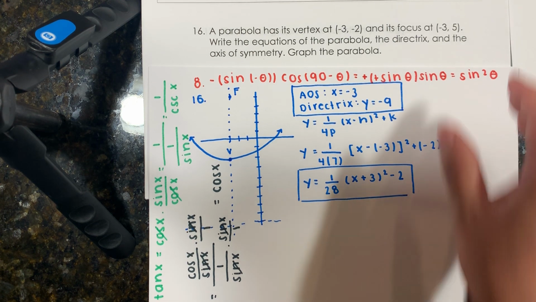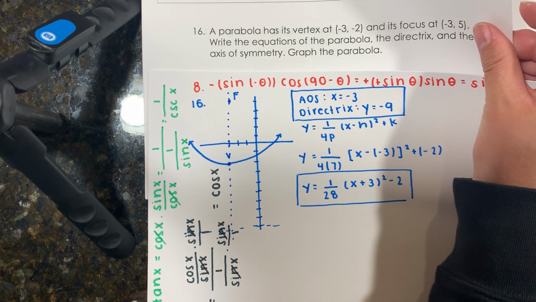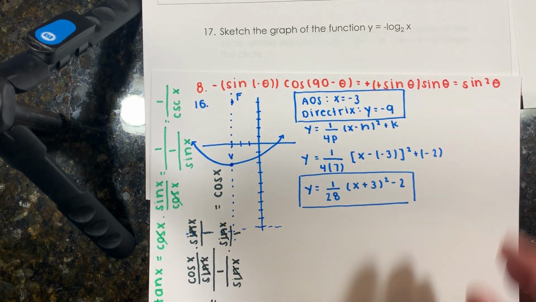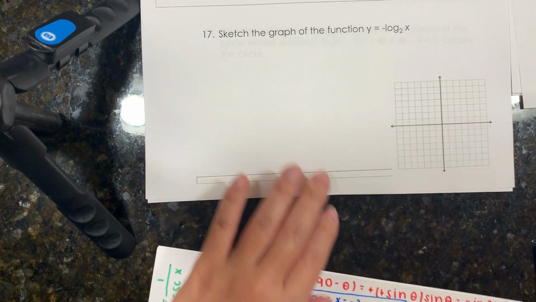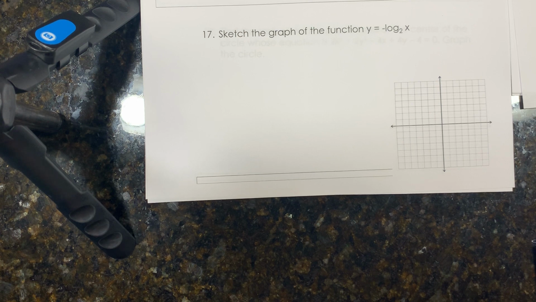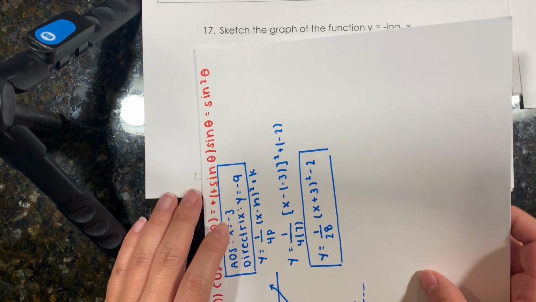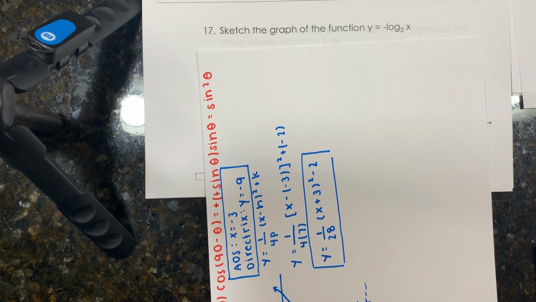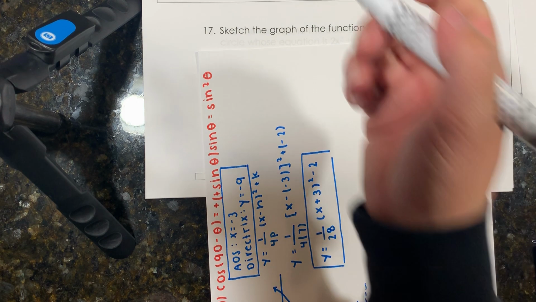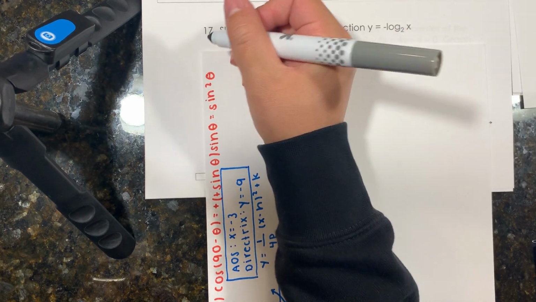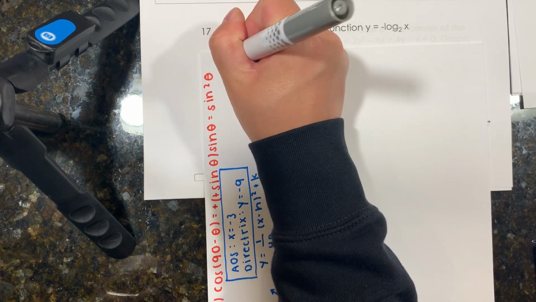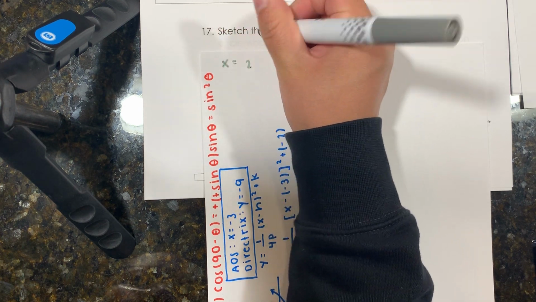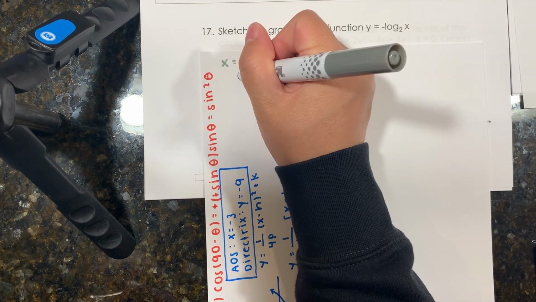Now what we're going to do is number 17. So for number 17, I'm going to convert this. So this is going to be x is equal to 2 to the positive y.